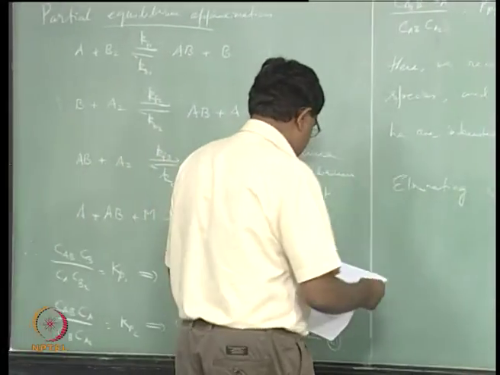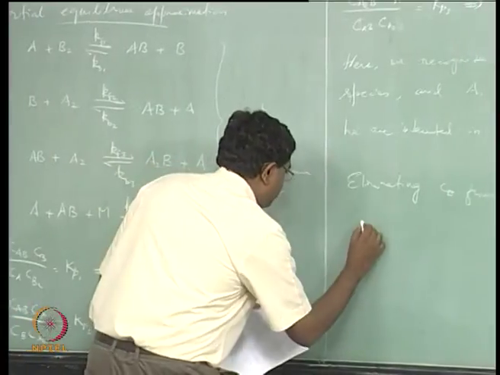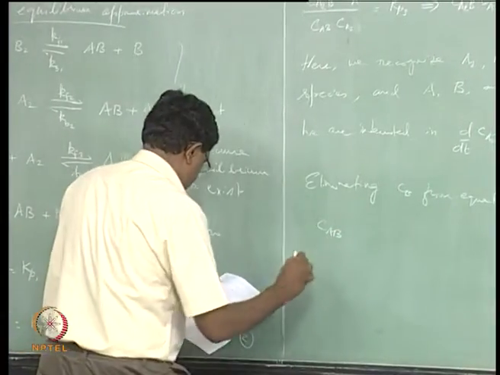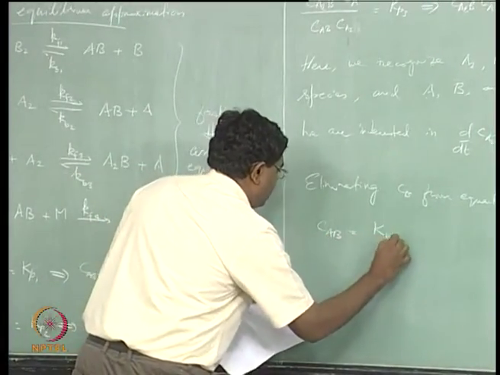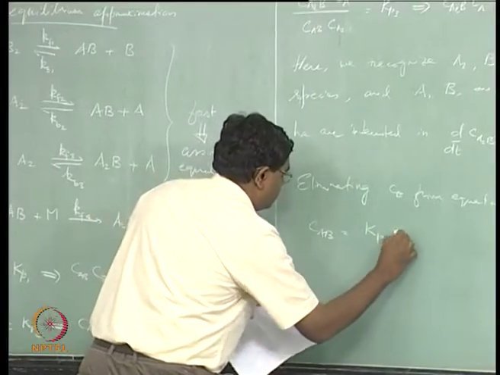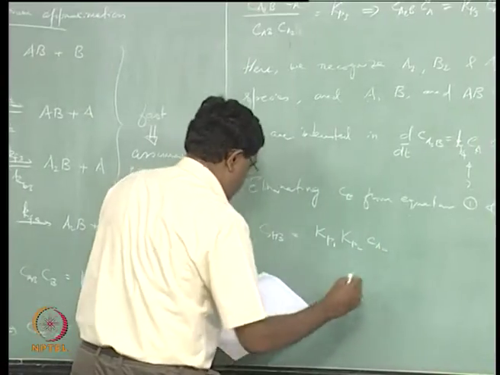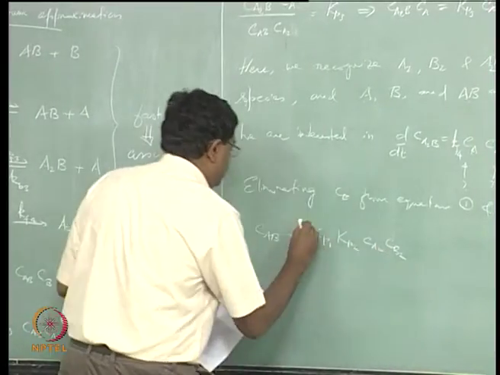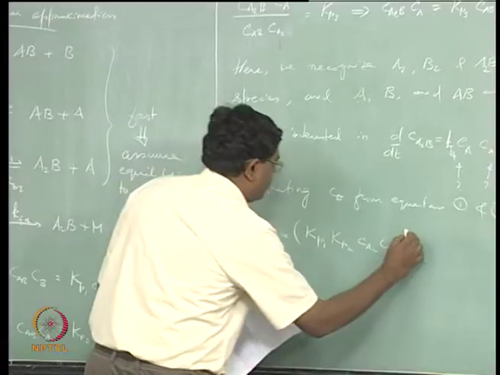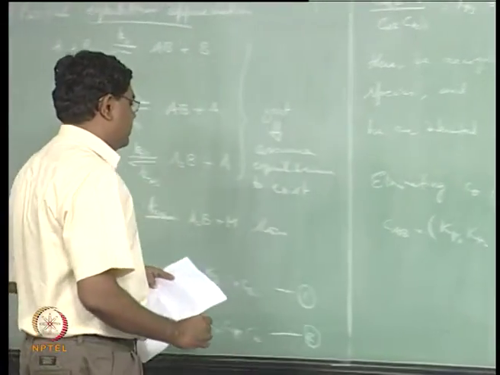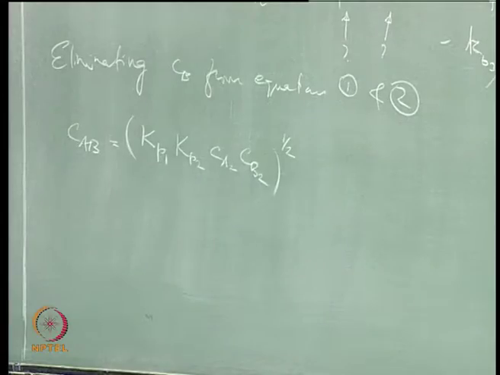What you get here is then CAB equal to KP1 KP2 CA2 CB2 the whole to the half. You can work out the mathematics, and you should be able to find that this is the case.